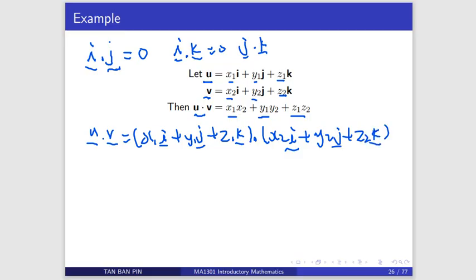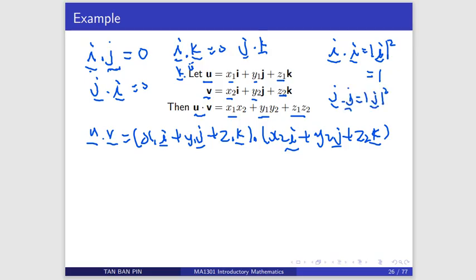And then you expand this out, and you'll find that the mixed terms, i dot j or j dot i or i dot k, k dot i, all these will be 0. And then i dot i is just magnitude of i squared. But i is a unit vector, so i has length 1. So i dot i is 1. Same thing, j dot j will be magnitude of j squared, so it's just 1 squared, so it's 1.